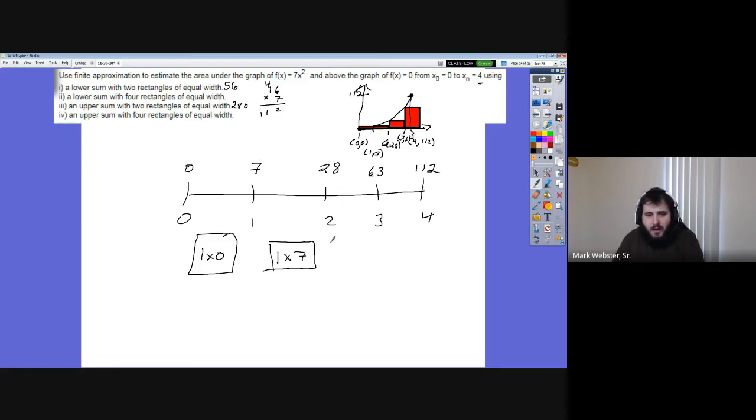Our third rectangle, again, a base of 1. What's the height? It's going to be 28. Again, because I want to pick the vertex that's on the lower side because they say lower sum. And then this last one, the height's going to be 63.